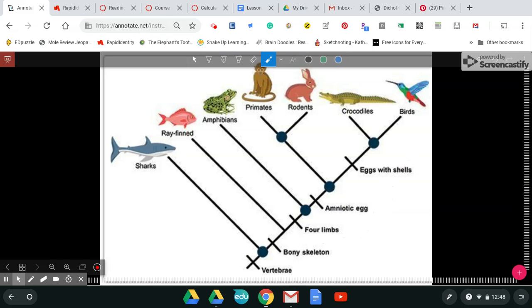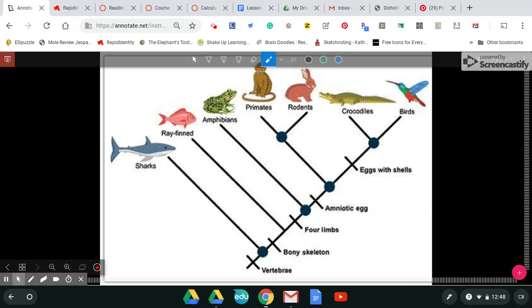Notice, if the trait falls below where that branch hits the main line, then they have that trait. But if the trait falls above where this line hits, they don't have it. For example, the only thing that sharks have in common with all of these is they have vertebrae. The further I go up in this cladogram, the more closely related these organisms are.